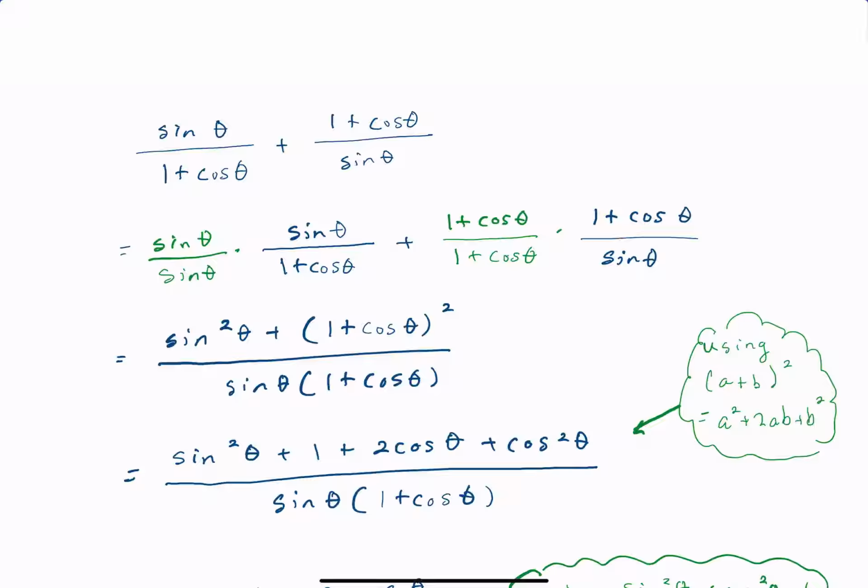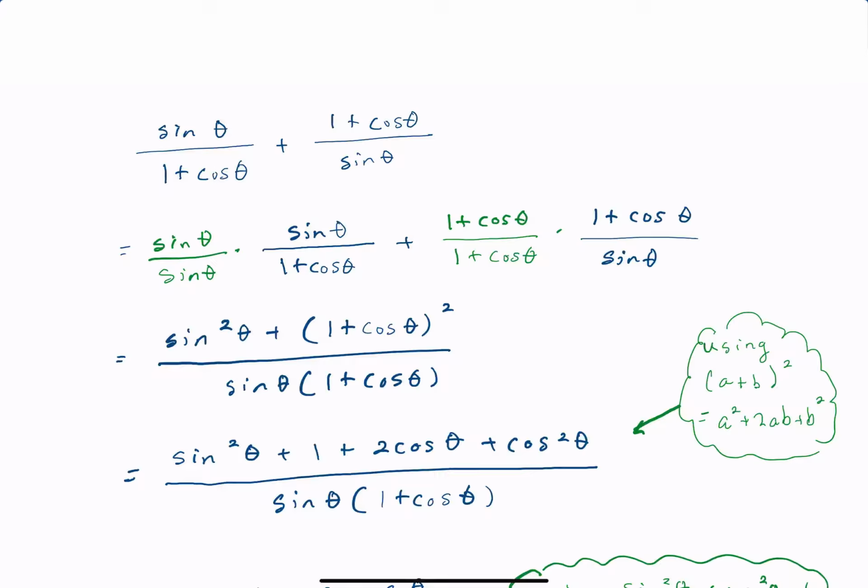I will use the formula a plus b squared equals a squared plus 2ab plus b squared. That will give me sine squared of theta plus 1 plus 2 cosine of theta plus cosine squared of theta over sine of theta times 1 plus cosine of theta.